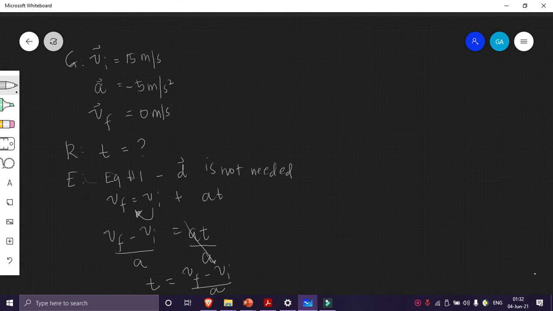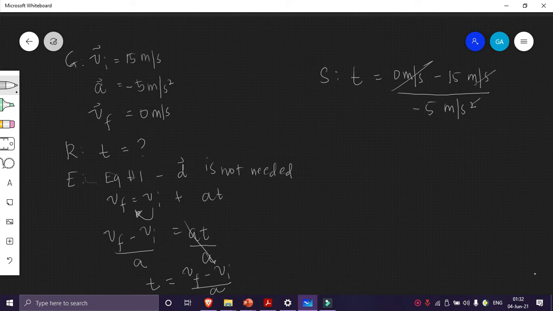Okay, so solve na natin siya. Time equals VF, which is 0 meters per second, minus VI, which is 15 meters per second, over A, yung acceleration natin na negative 5 meters per square second. So, cancel natin to.